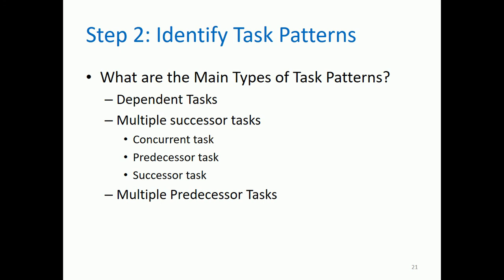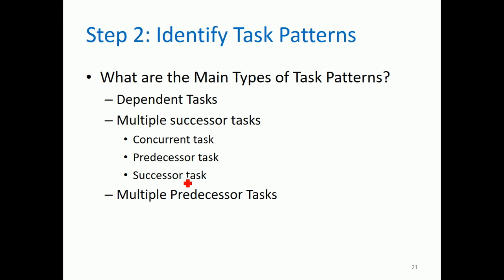So what are the main types of task patterns? So as I've said, we have dependent task. One task is dependent of the other. Then we have multiple successor task. It could be concurrent task, tasks that are done simultaneously. Then predecessor, as I've already discussed, a task cannot start if two or more tasks are not yet finished all at the same time.